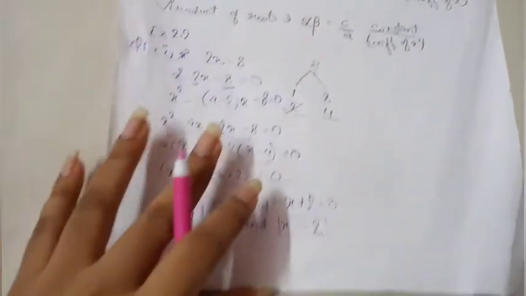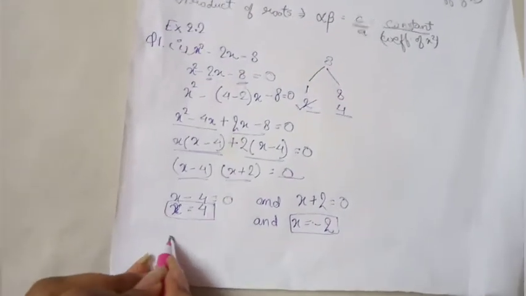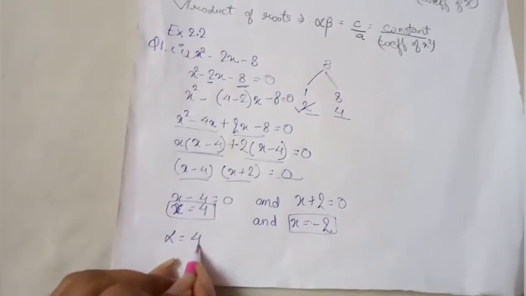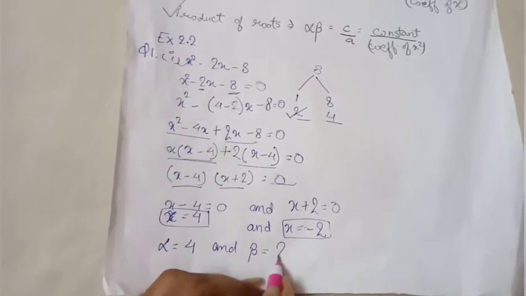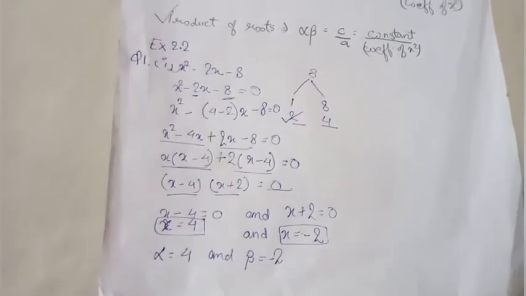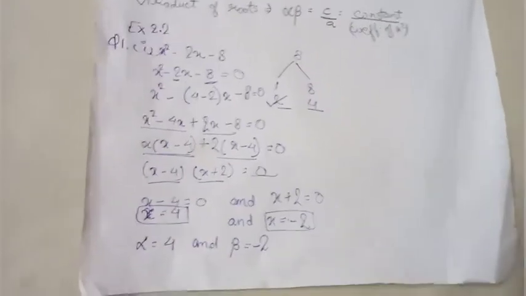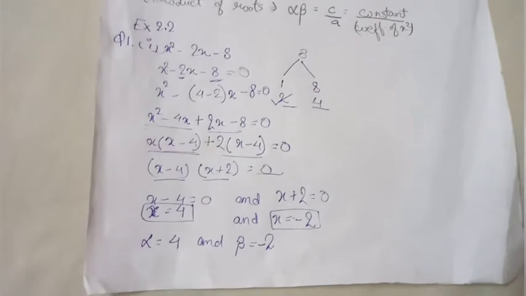Now we name them: alpha equal to 4 and beta equal to minus 2. So now we just need to verify the relationship.